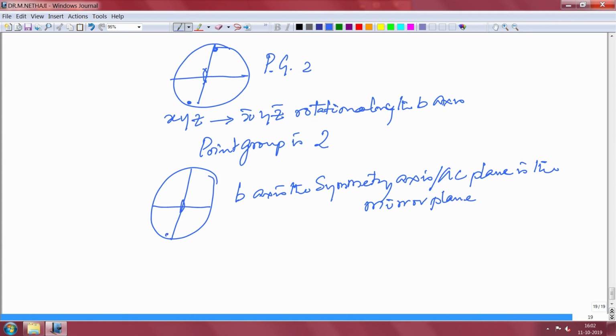Now, take a point here. This is my AC mirror perpendicular to B, which gives me a reflection below. So, dot is x, y, z, circle is x, y bar, z.